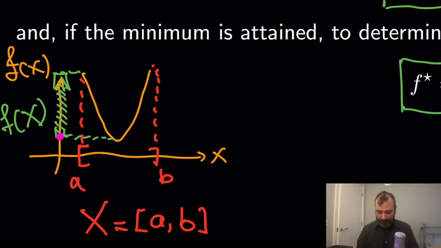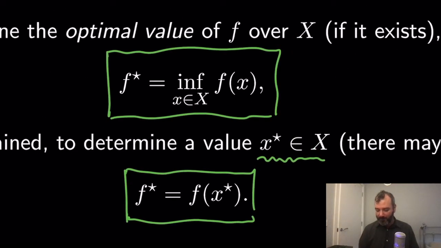Is this attained? Yes, it is attained because the set contains the value. This means that there is a certain x. I will denote it by x star, as in the best x. There is a point x star that gives me this value. And this best value of my function, I will call f star. What is f star? Once again, f star is the infimum of my function f of x, where x satisfies the constraints.